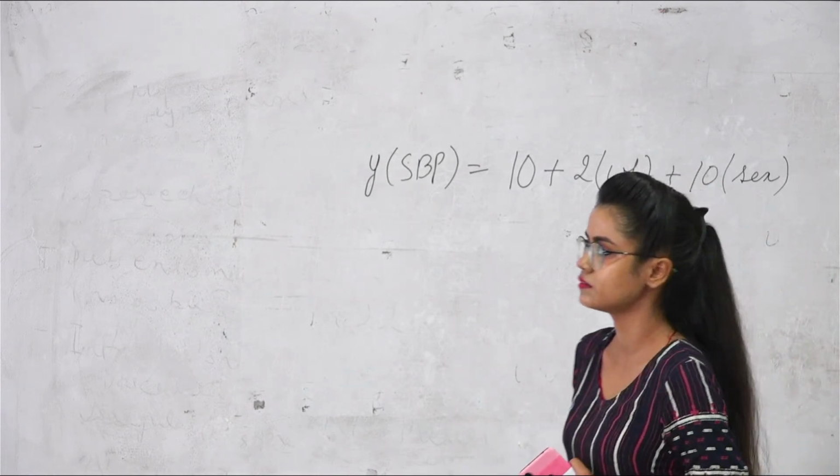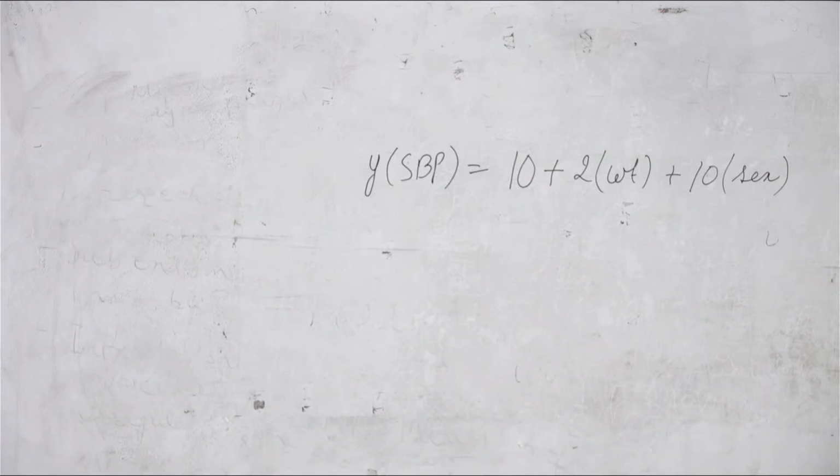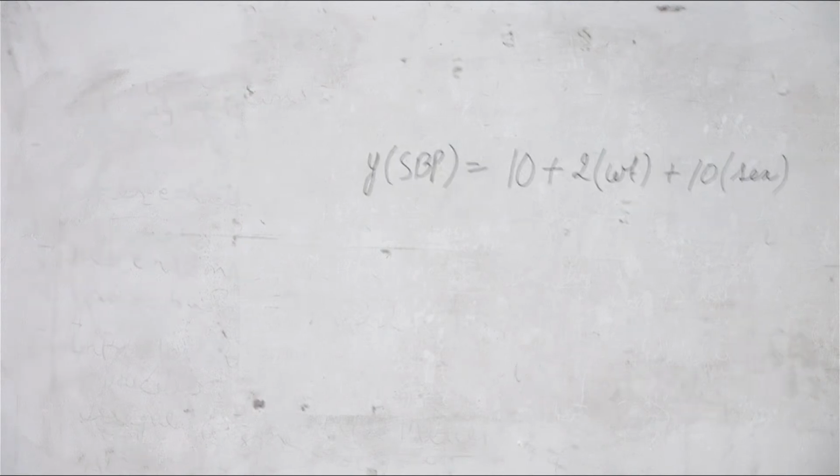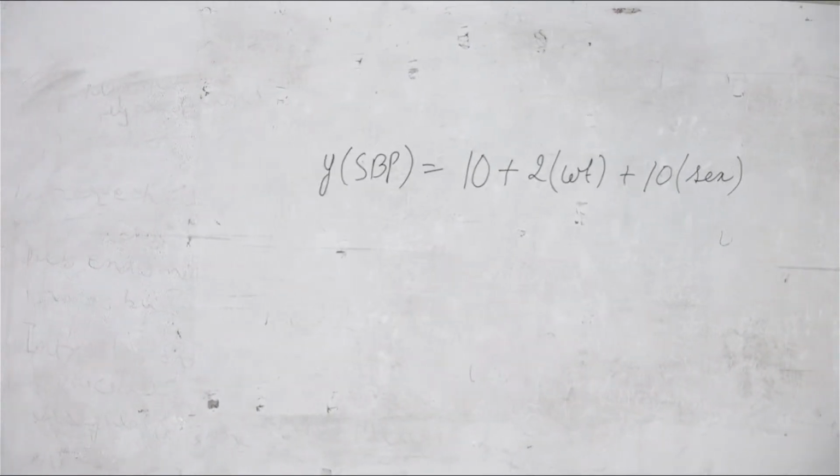10 plus twice weight plus 10 into sex. Now you see, what happens in the upper 6 observations is 10 into sex is 0 in this case. So this is 0. Therefore, the formula becomes systolic blood pressure is equal to 10 plus twice the weight, isn't it? Right? That is what I think Dr. Dung you said. That is for the upper observations, it is right.